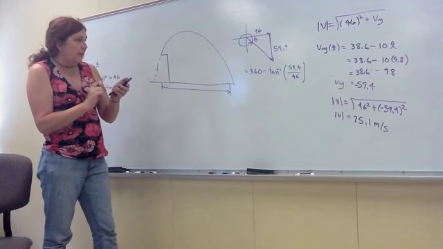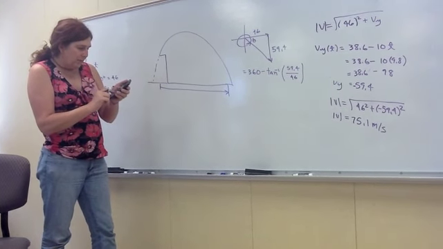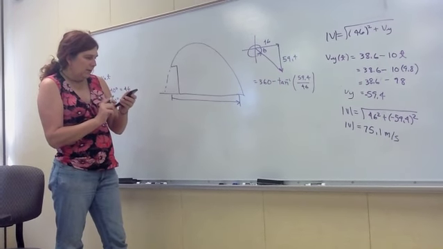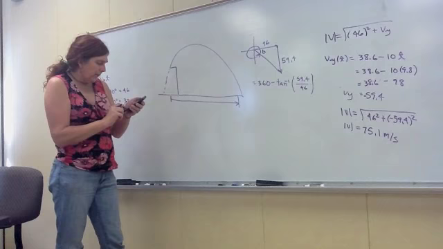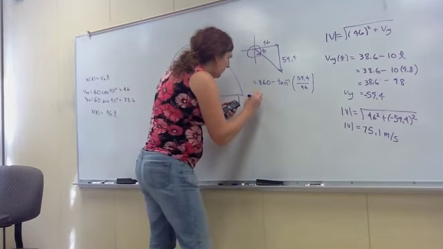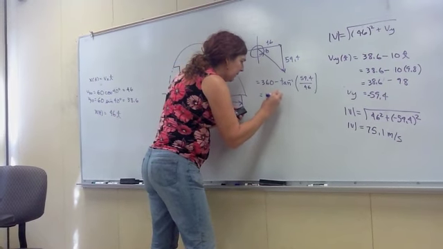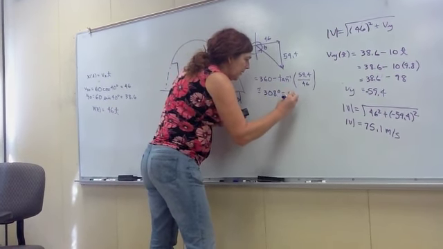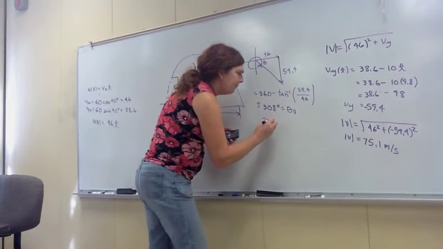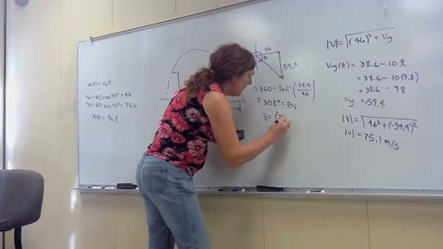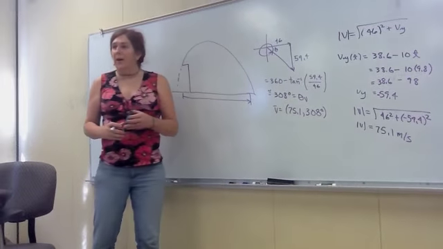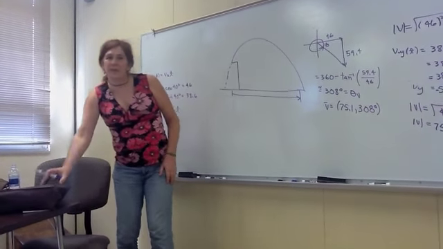That should get us the value that we need for this problem. I'm getting about 307.75, so let's make that about 308. So our overall velocity vector is 75.1 at 308 degrees. Okay, are there questions now about this one?